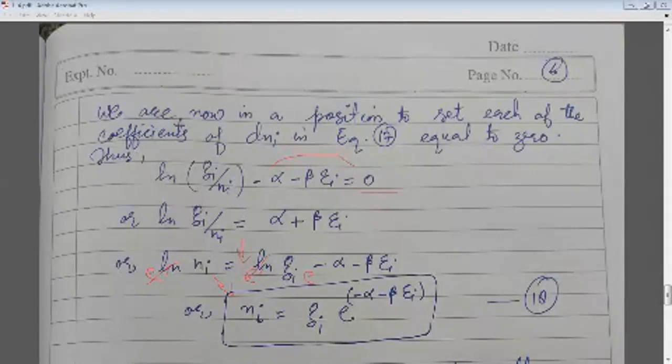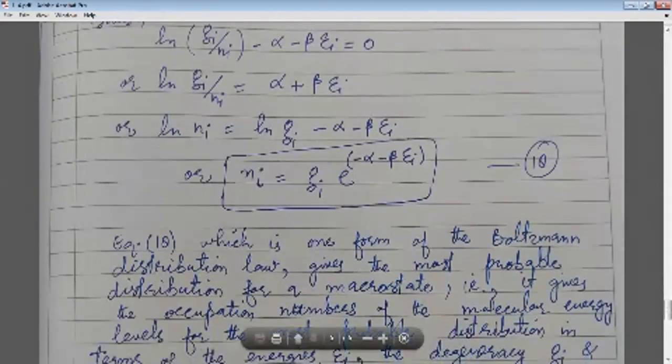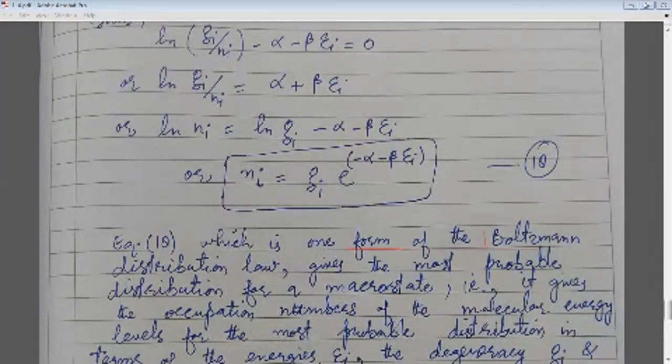This equation is a very important relation. It is basically one of the forms of the Boltzmann distribution law. This basically gives the most probable distribution for a macrostate.